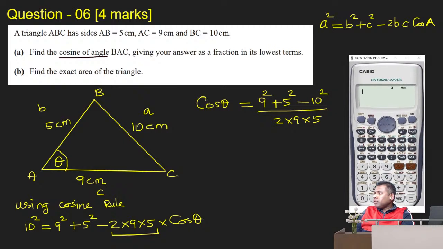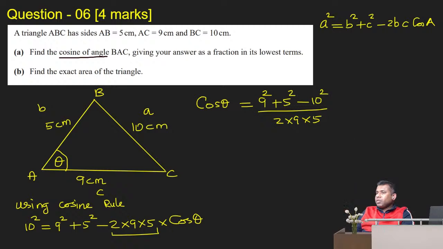So now let's do this one quickly. 9 squared plus 5 squared minus 10 squared, and divide by 2 times 9 times 5, and the answer is 1 over 15, right? So 1 over 15 is the cosine theta. That is the answer of part A done, right?